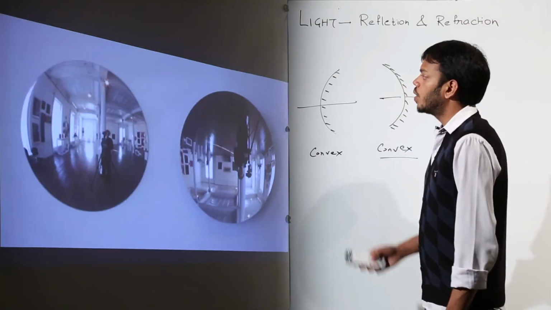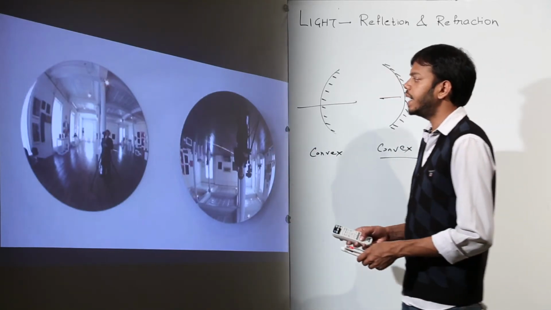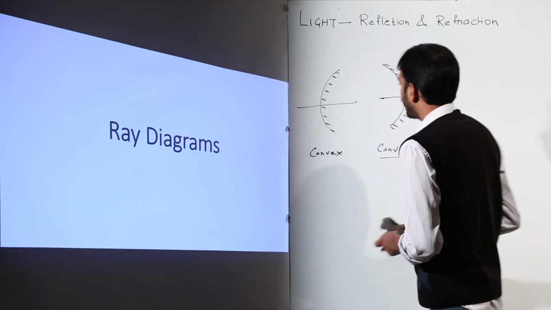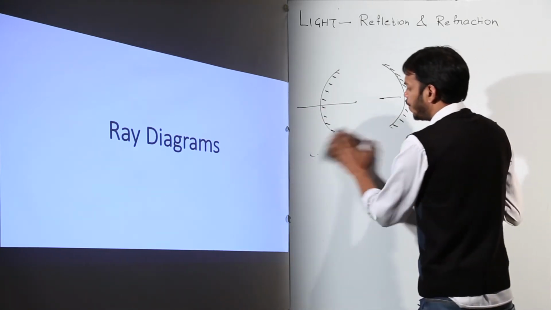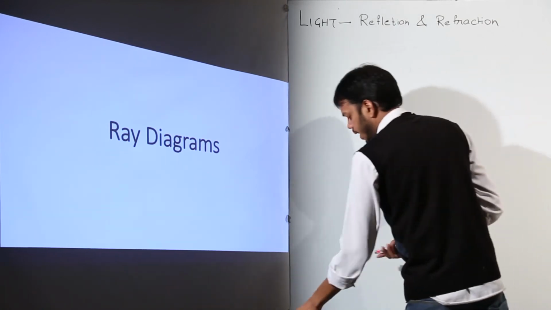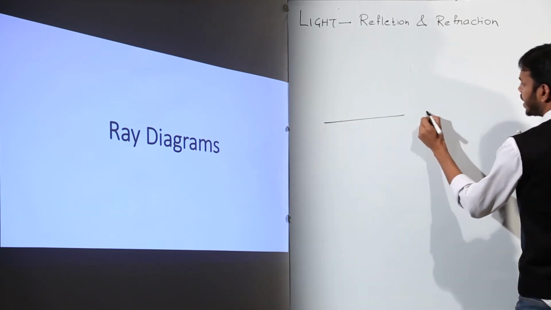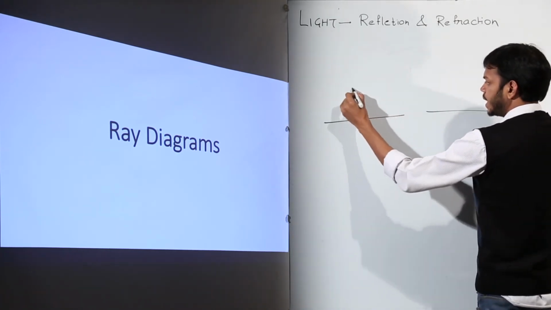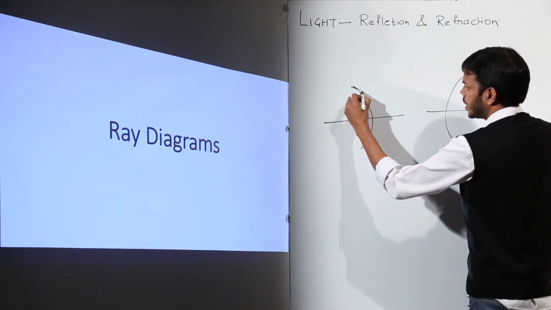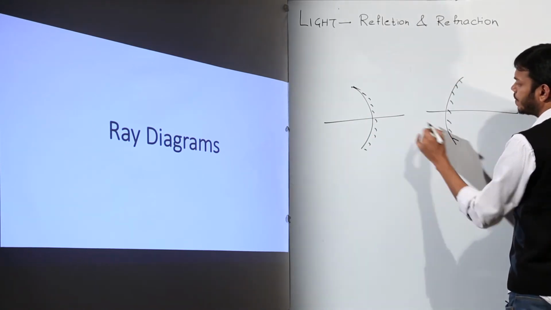Okay, now this is how the mirrors in reality look, and we are going to study ray diagrams. Before we study ray diagrams, we have to understand some very important points and locations in a spherical mirror. First of all, there will be your mirror, either concave or convex. This is a concave mirror, this is a convex mirror, right?